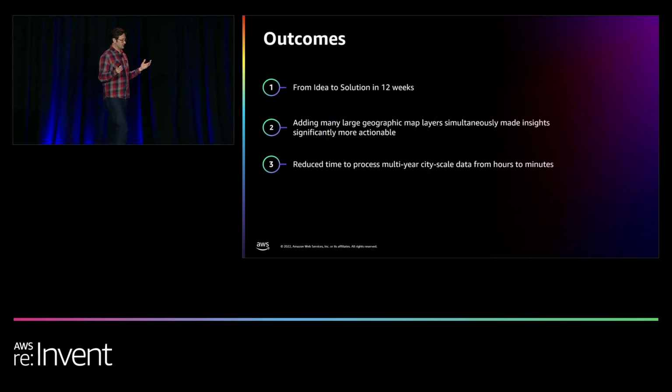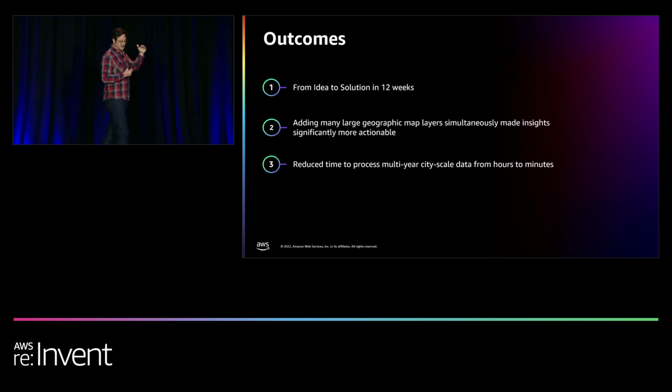So the outcome, as it says up there, is the speed at which we could go from our ideation phase, where we said we need to build this and we need to understand this, working with our environmental physicists, to building it and having this solution functioning in some form in 12 weeks. That was a big sea change, a big transformation for us as a company.